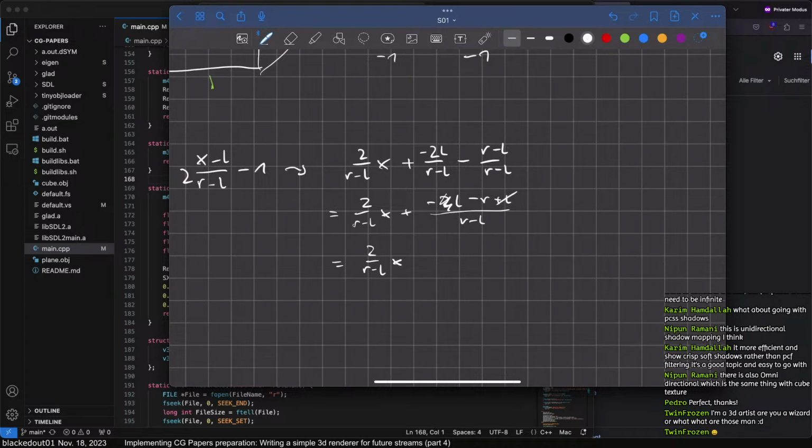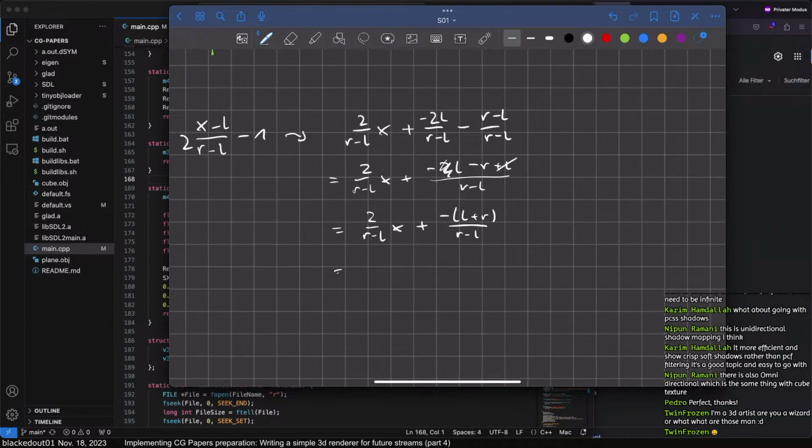Yeah, so that's basically the result. We could also distribute this minus into the denominator by changing the signs of these.